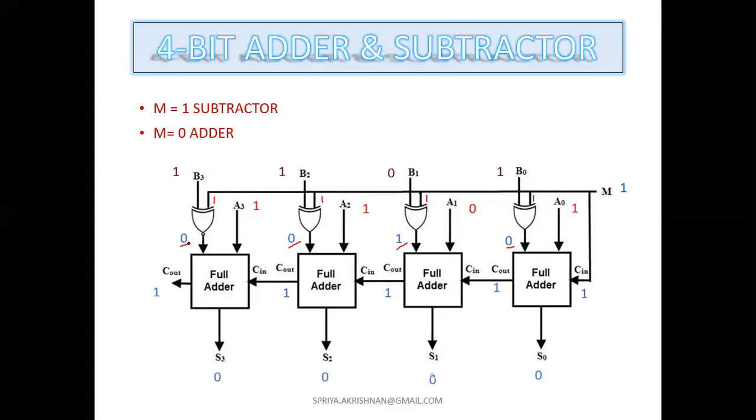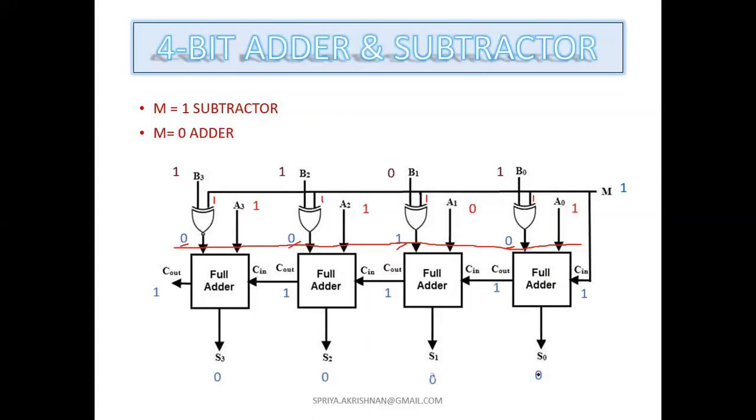So got it? Now all the inputs are available to the full adder. So now it's very easy for us to go into the full adder. What is the input given? 0, 1 and then 1. So now what is this? 1 plus 1, what is the output?